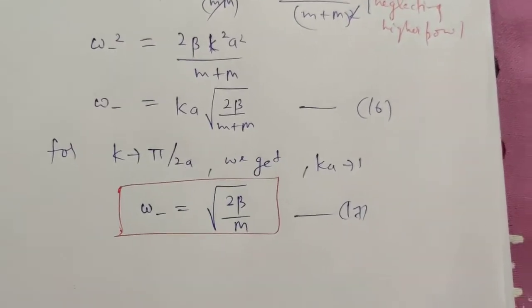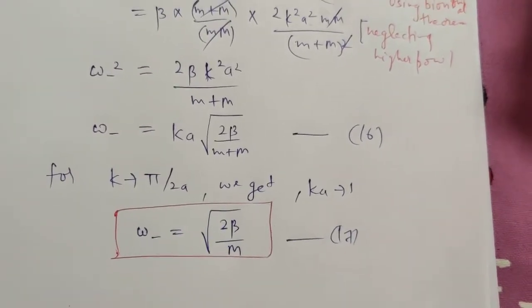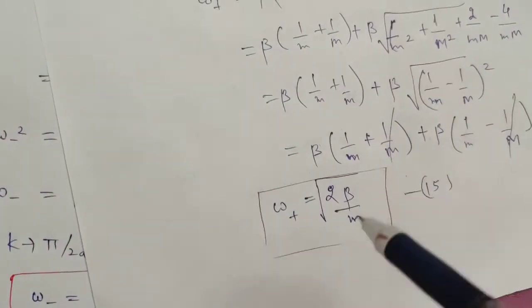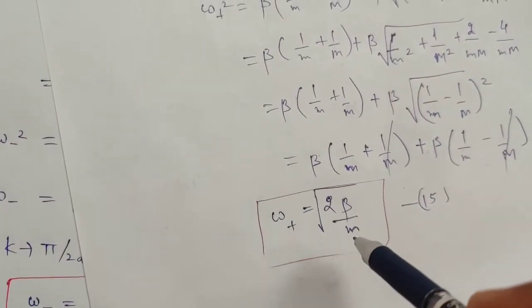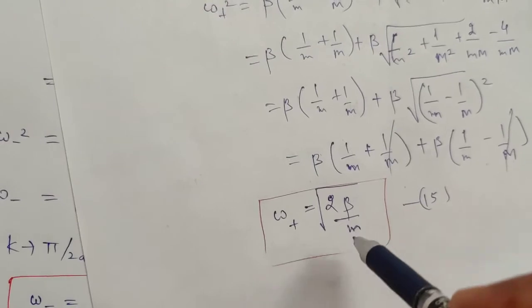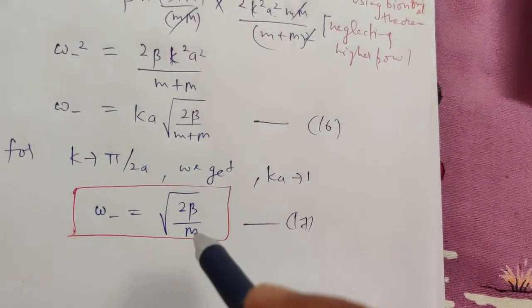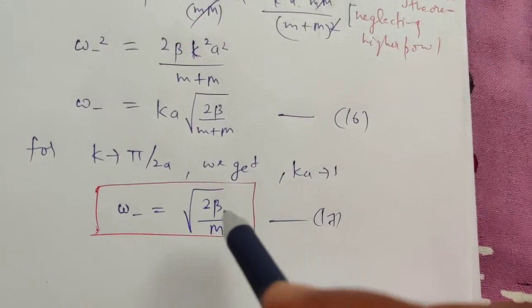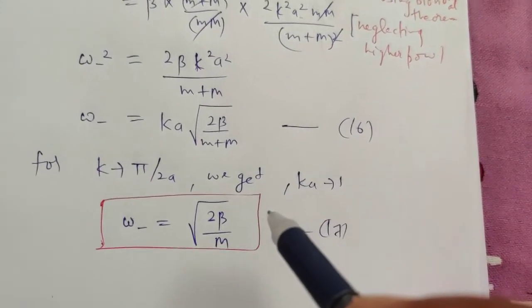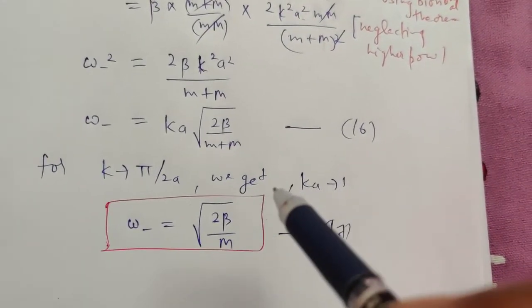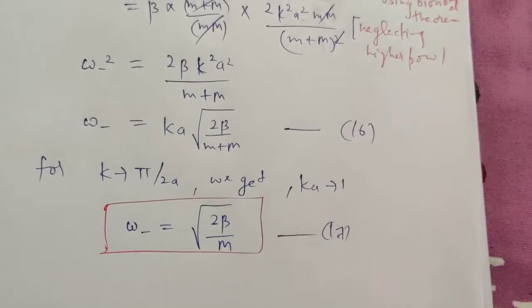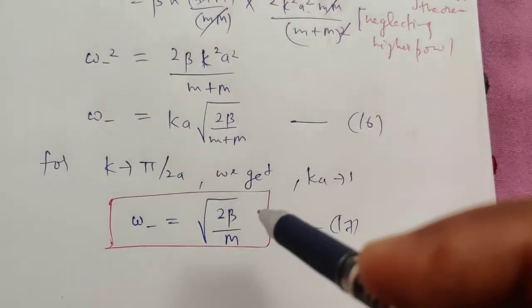As omega plus was reduced like this, omega plus was under root 2 beta upon small m, in terms of small m, omega plus is in terms of small m and omega minus is in terms of capital M, that is for the heavier mass. So now by using these equations I will plot a graph between omega and k.